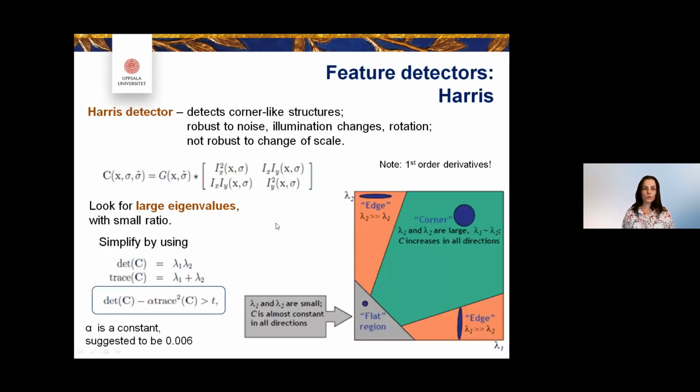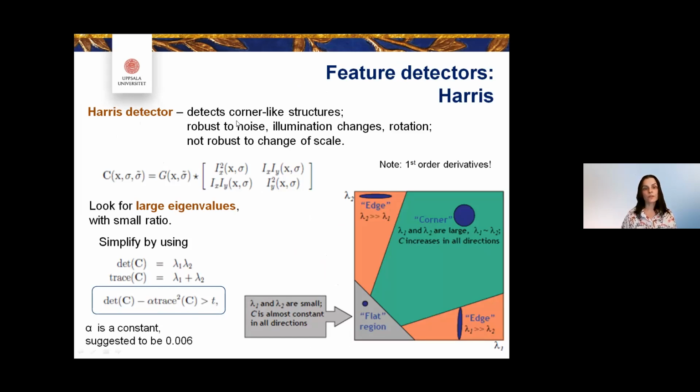To look for changes in the surrounding region of a point, we don't necessarily need to look at the second-order derivatives. We can also use gradient or first-order derivatives. The Harris detector is based on that.